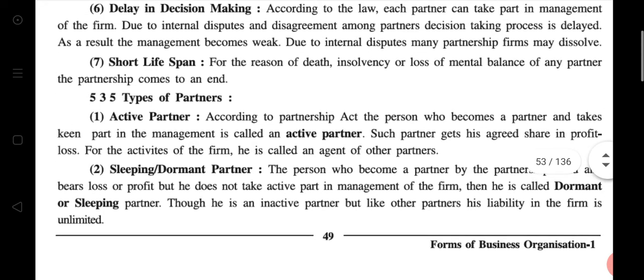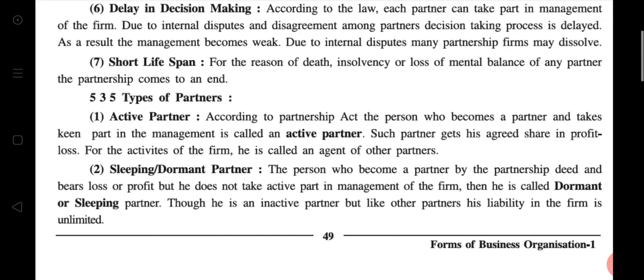Now it's time for the homework. In homework you have to write head points of limitations in a head point book, and also write the limitations with a detailed explanation in your file note. Okay, and also write the types of partner in chart form in your head point book because with a chart you can learn easily.